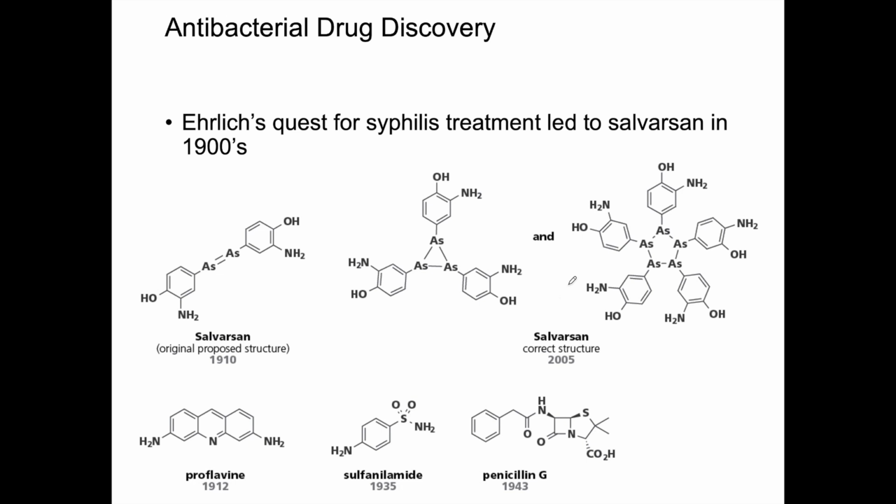So antibacterial drug discovery started many years ago, long before we were around. And Ehrlich was the scientist who was at the time looking for a treatment of syphilis, and he discovered salvarsan. And I just put this in here because I guess you're doing the STD unit, but also because this is the structure of the molecule that was proposed in 1910, and in 2005, so just 95 years later, the structure was revised to these two molecules here.